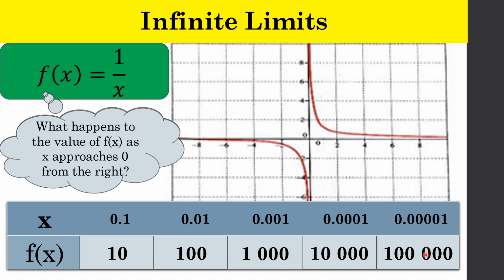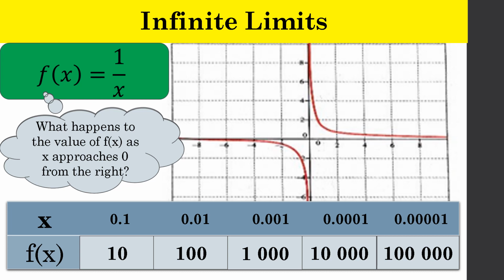So based on the table natin, so masasabi natin as the value of x becomes sufficiently close to 0 from the right, the value of the function gets larger and larger, katulad nito, without a bound. So ibig sabihin, papunta siya sa positive infinity natin. Okay? So the value of your f of x is going infinitely to the positive side.